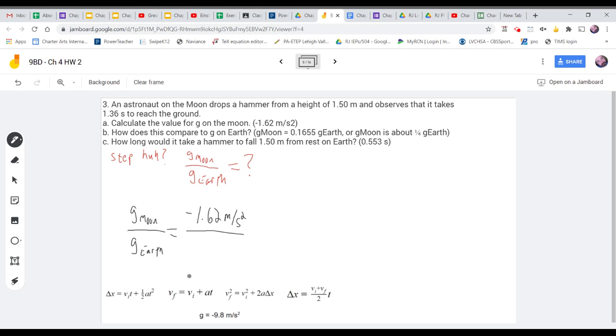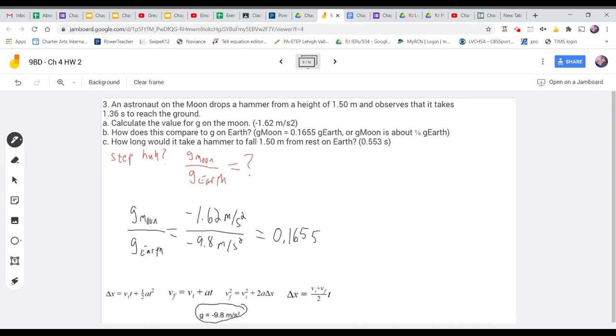And the bottom value is our regular value for little g on Earth, minus 9.8 meters per second squared. So if you ask your calculator, what is minus 1.62 divided by minus 9.8, your calculator will tell you 0.1655.